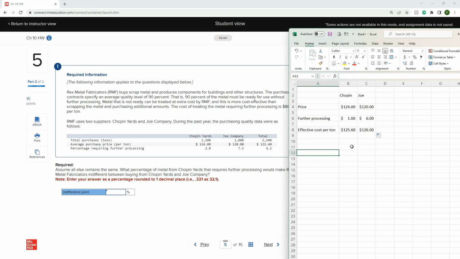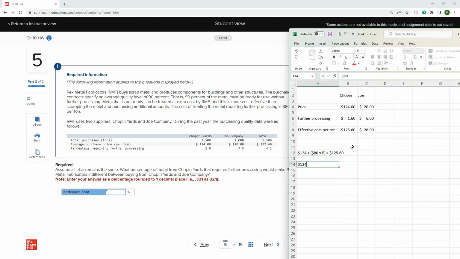We need to figure out what percentage will be at essentially the break-even point. So the equation is $124 sales price plus $80 for further processing times the percentage that needs to be further processed equals the effective cost per ton. So right now the answer is $125.60 for Chopin, right?